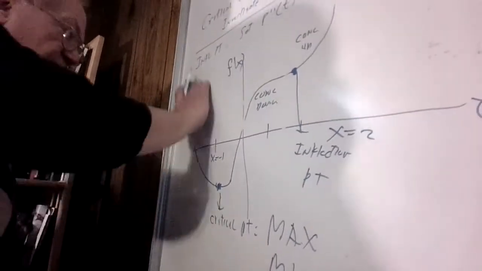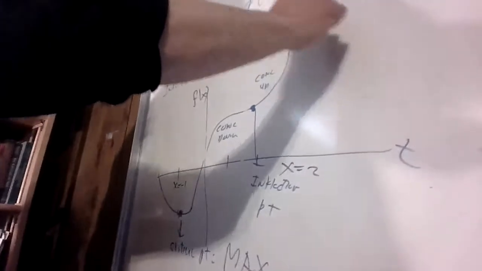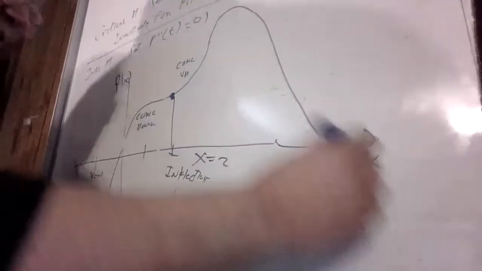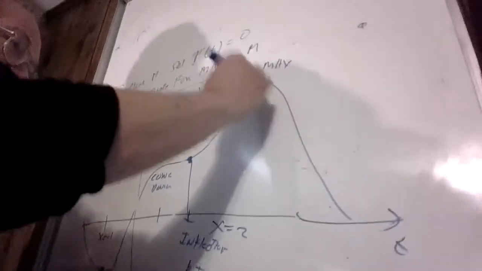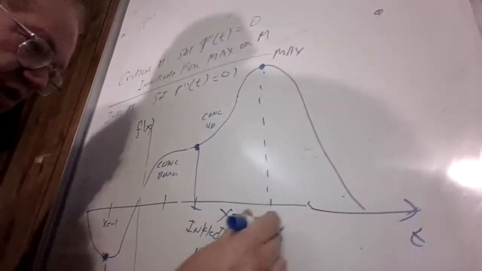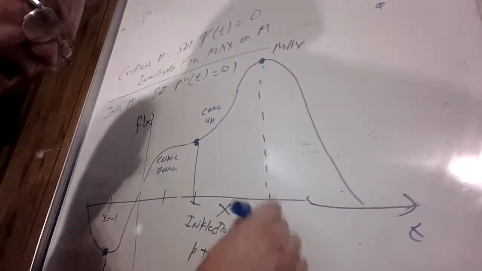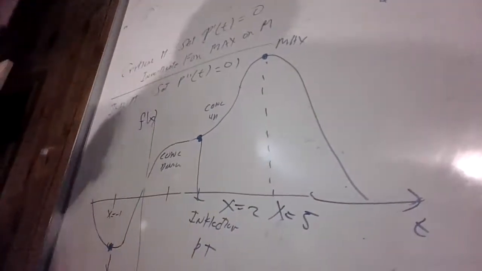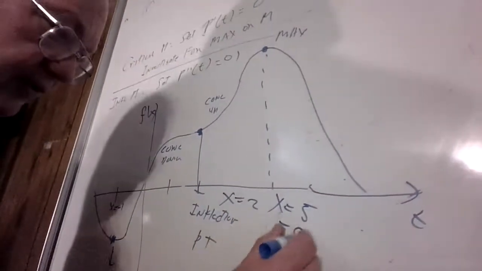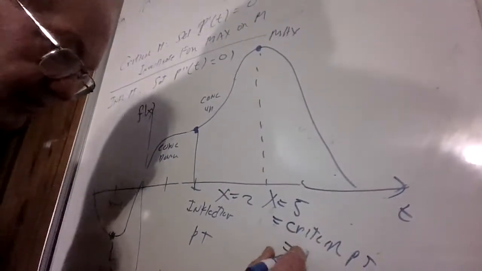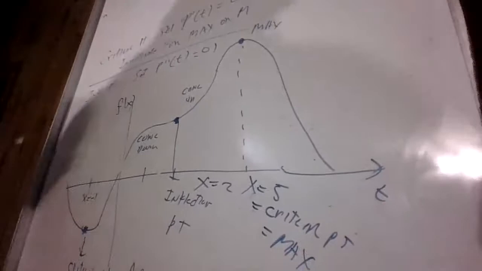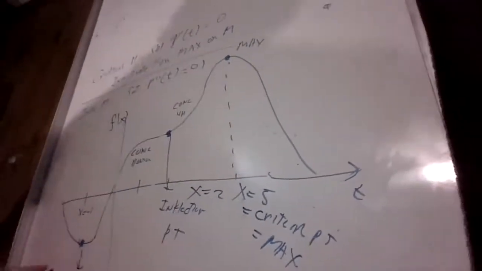I could have another point like this if I wanted. I could bring this up like this. Okay, I'm making this a more complex curve. Here now is a maximum point. So let's say this is x equals 5. So x equals 5 is also a critical point, but here it's at a maximum. So critical points are at your max or your min.